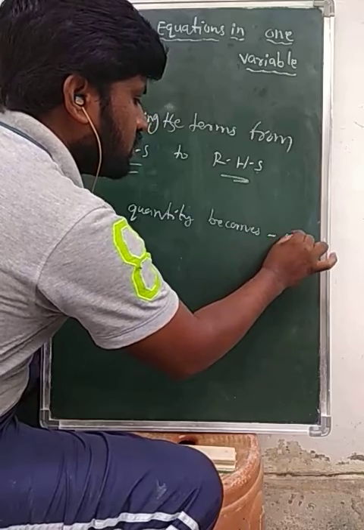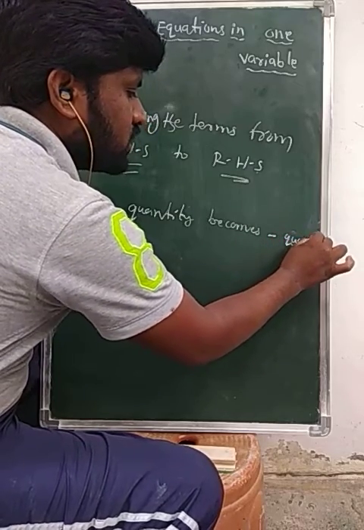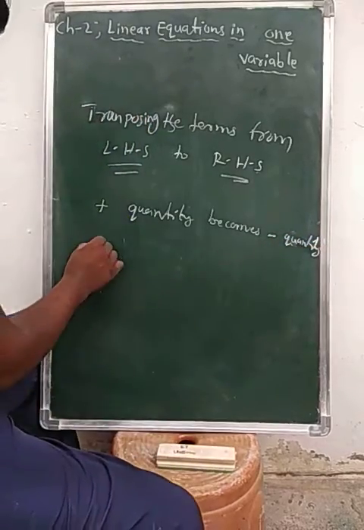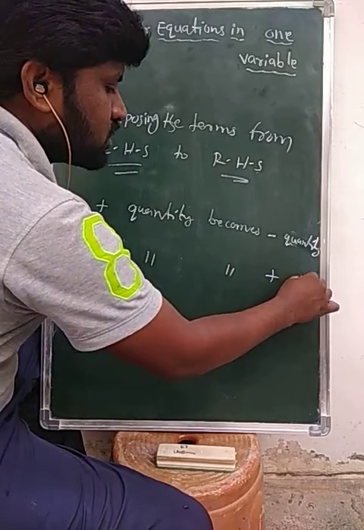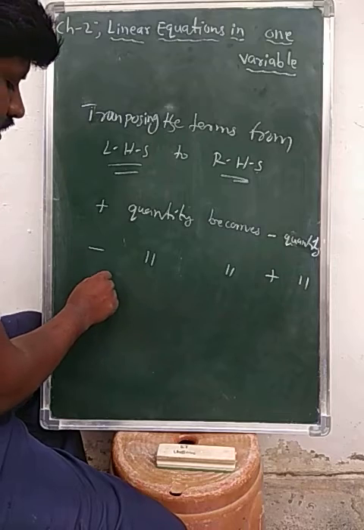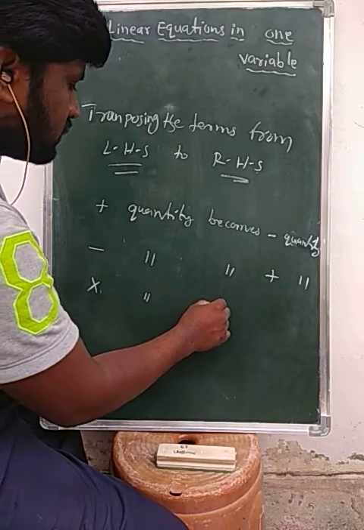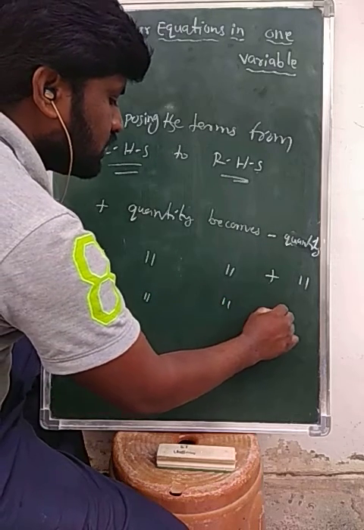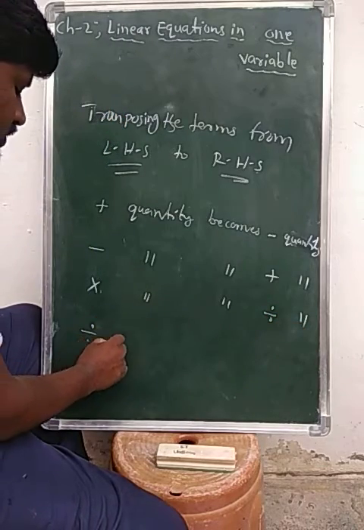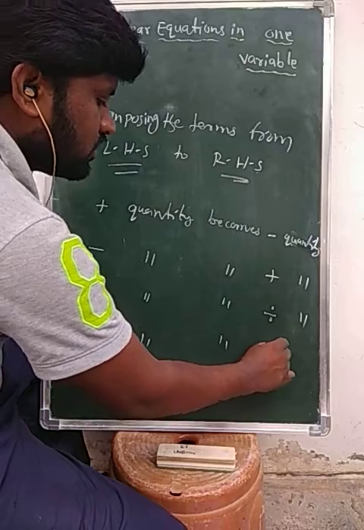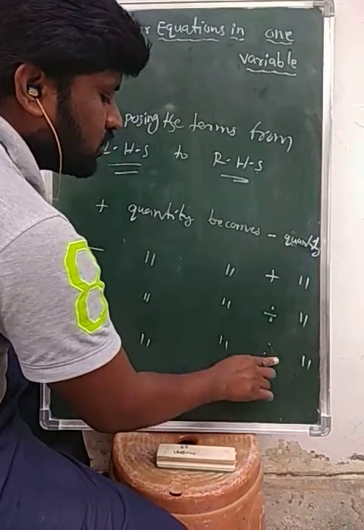It becomes minus quantity, and minus quantity becomes plus quantity, and multiplication quantity becomes division quantity, and division quantity becomes multiplication quantity.